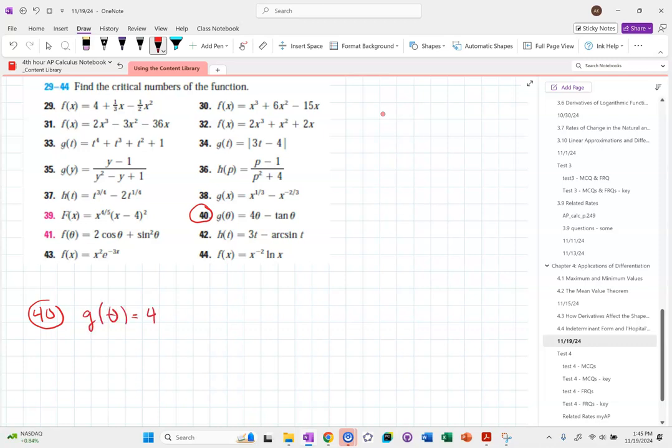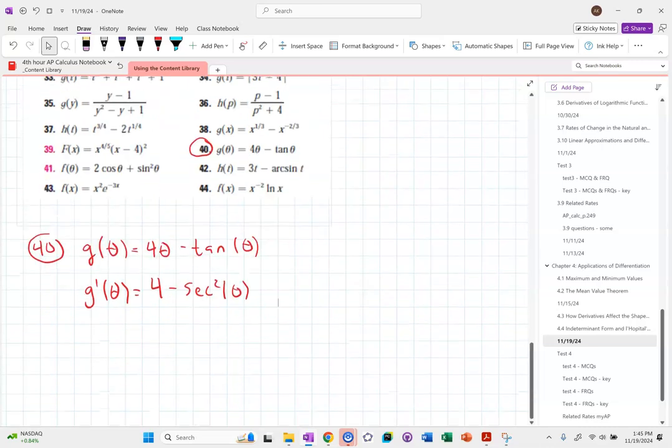The directions ask us to find the critical numbers. To do that, we need to look at the derivative. The derivative of 4 theta minus tan theta: the derivative of 4 theta is just 4, and the derivative of tangent is, negative secant squared. And then we need to set this equal to 0.